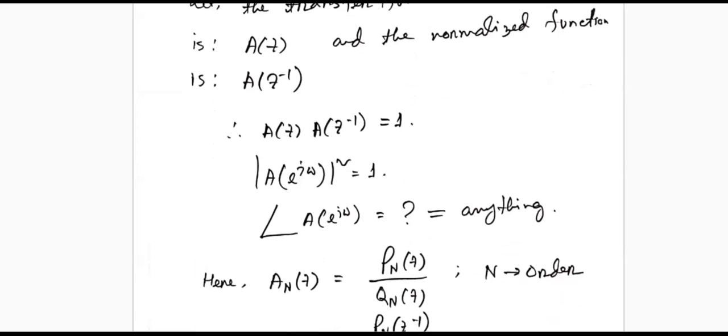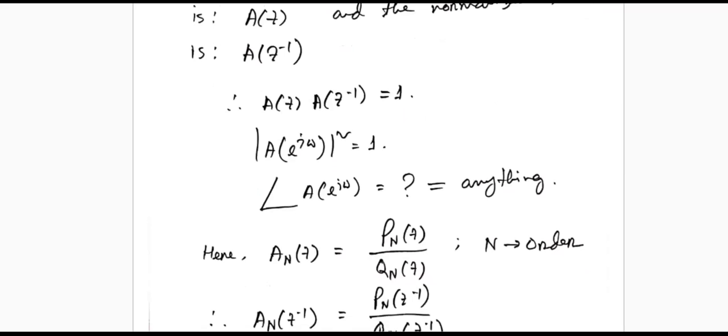Based on this equation number 1, we can say that, of course, if the magnitude of this multiplication is 1, then the power of this filter is equal to 1 for all the frequency values.